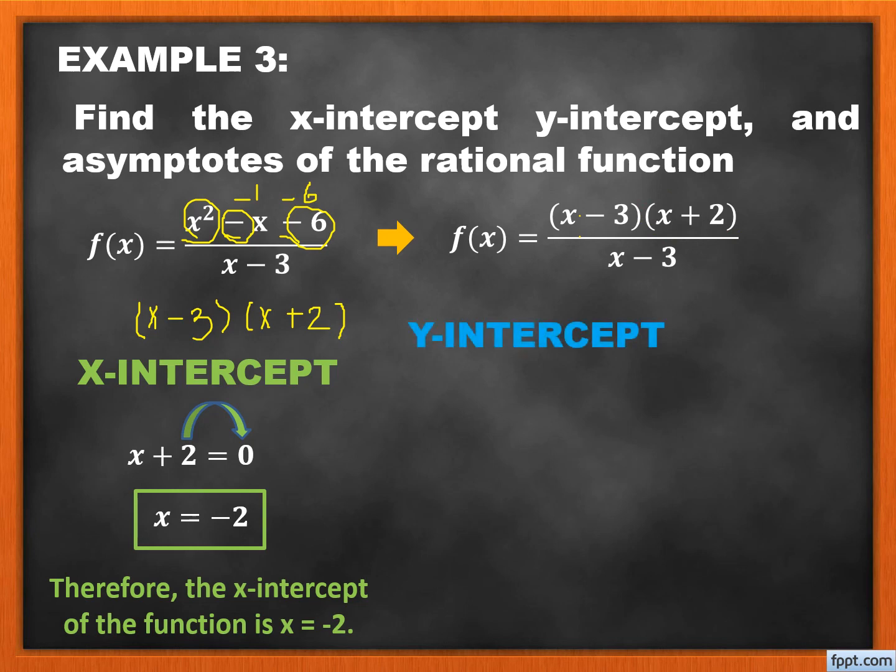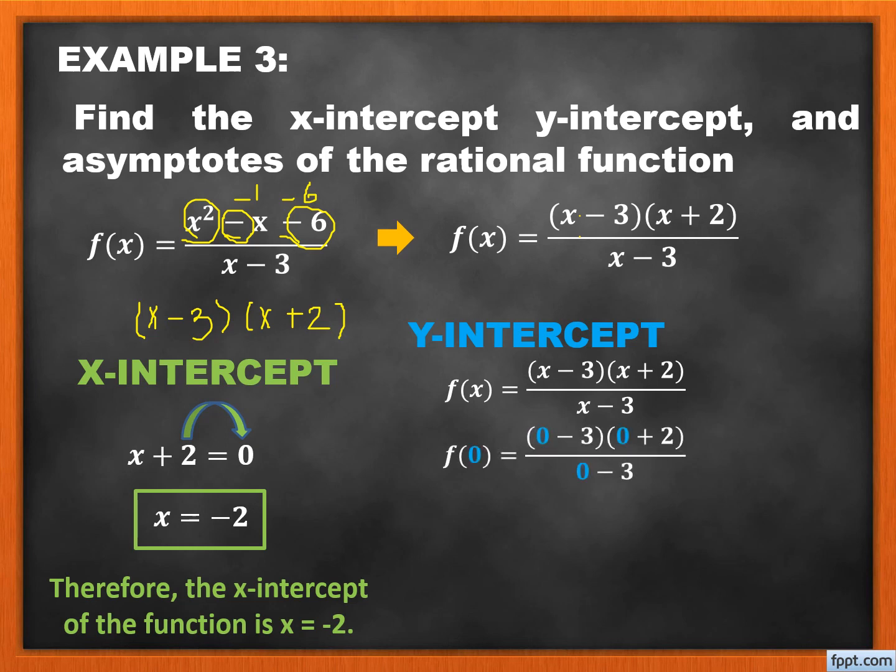How about the y-intercept? Using the same process, pagkuha ng y-intercept, pwede gamitin yung original equation or yung factored form ng equation natin. So, ang ginamit ko dito is the factored form, x minus 3 times x plus 2 over x minus 3. So, again, pag hindi kayo sure sa factors nyo, mas magandang gamitin yung original equation. So, ang gawin lang, palitan lahat ng x by 0.